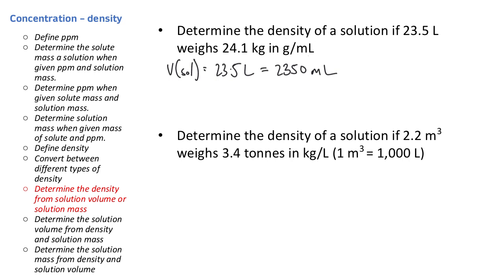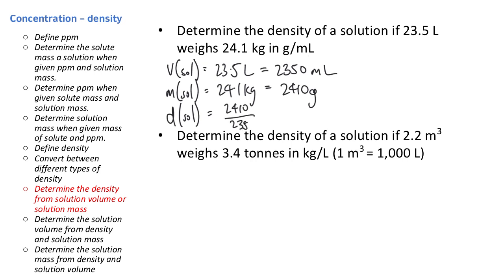The mass of the solution is 24.1 kilograms, but I want that in grams, so that's 24,100 grams. Then the density of the solution is 24,100 over 23,500, which is equal to 1.03 grams per mil.